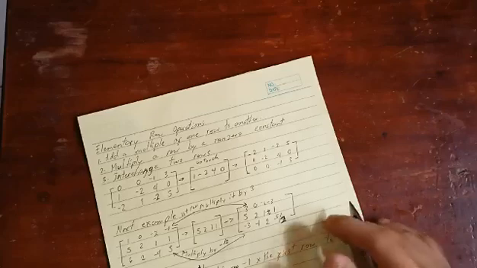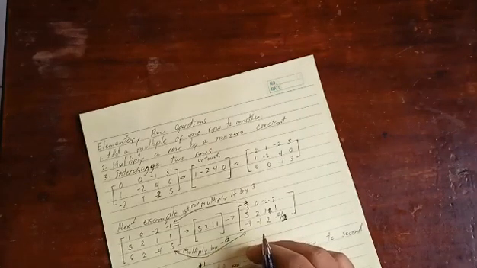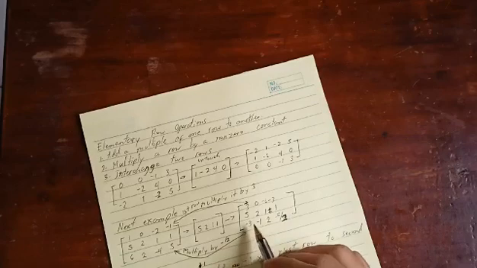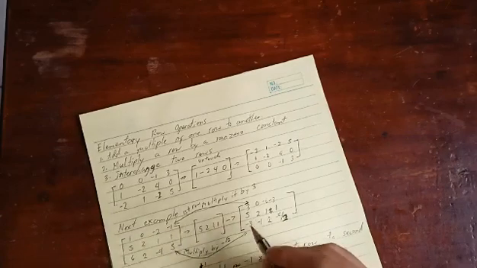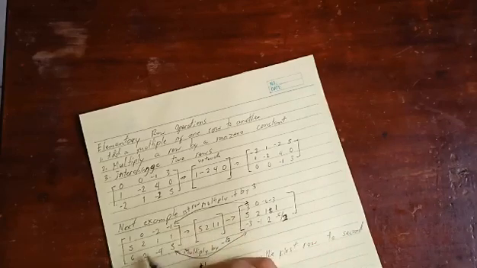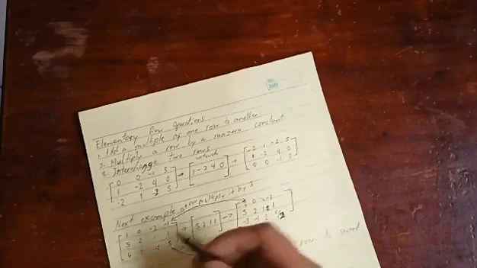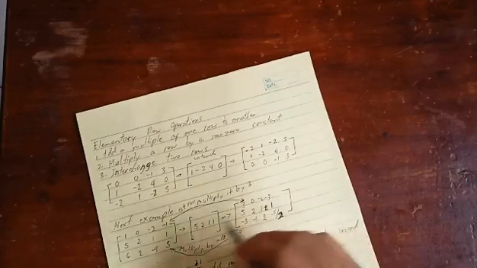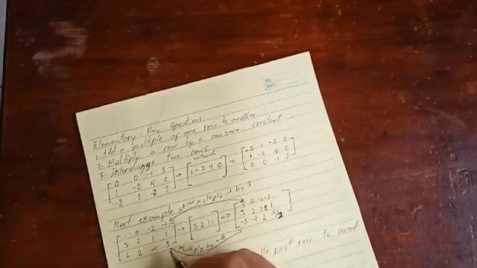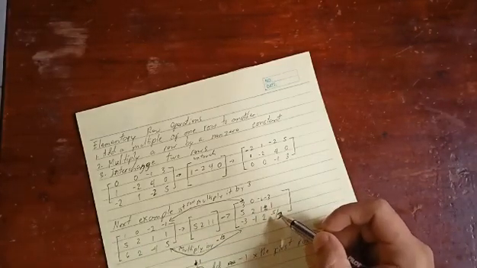And then the third row, let me multiply by negative half. Negative half times 3 equals negative 3/2, negative half times 2 equals negative 1, negative half times negative 4 equals positive 2, and negative half times 5 equals negative 5 and a half.